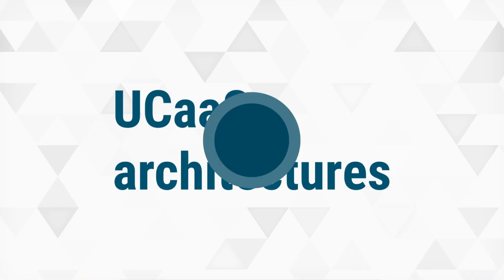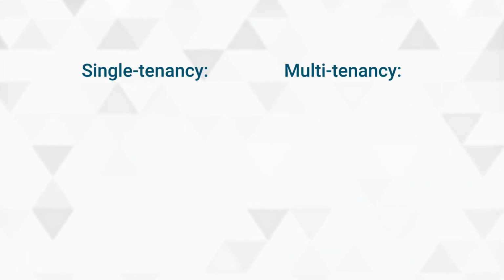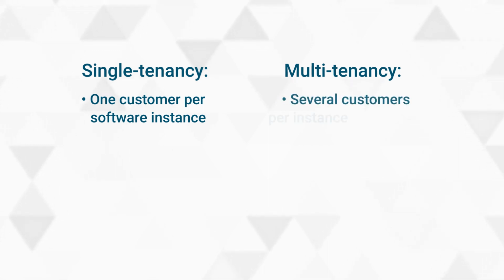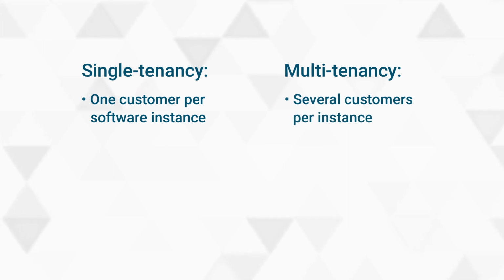UCaaS has two main architecture options: single tenancy and multi-tenancy. You can also implement a hybrid of the single and multi options. With the single tenancy model, each customer has a single dedicated software instance that can be customized to fit its needs. With the multi-tenancy model, several customers use the same software application.